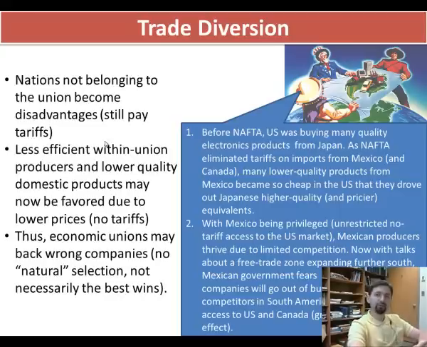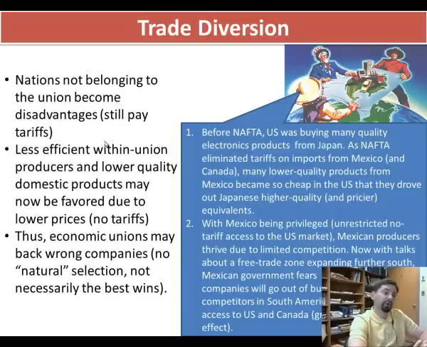And so the problem is that while the trade with Mexico is likely to increase, or Canada, or whatever other country you form a club with, countries that are not members of the club all of a sudden become outside, and so the trade with those countries gets diverted.